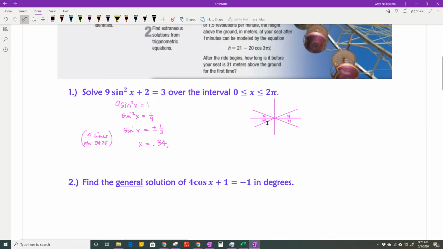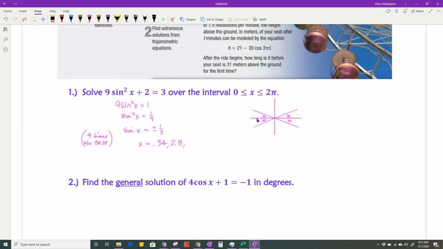Okay. In the second quadrant, what is this number over here, y'all? It is pi. As a decimal, that is 3.14. So I'm going to take 3.14 and go 0.34 before it, which means that's 3.14 minus 0.34, which is 2.8.